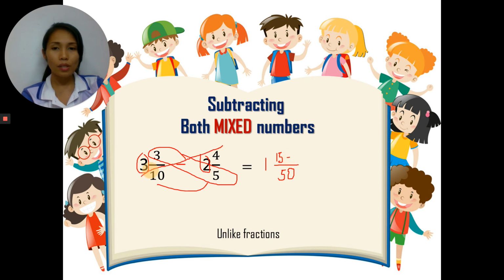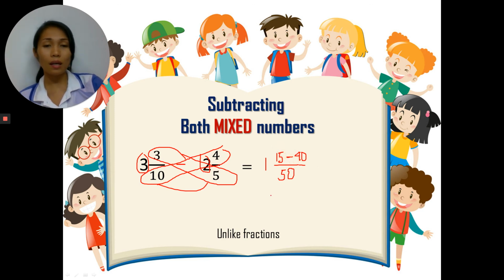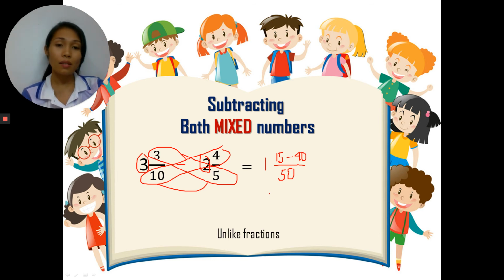Minus 4 times 10 is 40. Whoops. Okay, what have you noticed here? Can we minus 15? Minus 40, can we do that? Can we subtract 40 from 15? No, we cannot subtract 40 from 15 because 40 is greater.